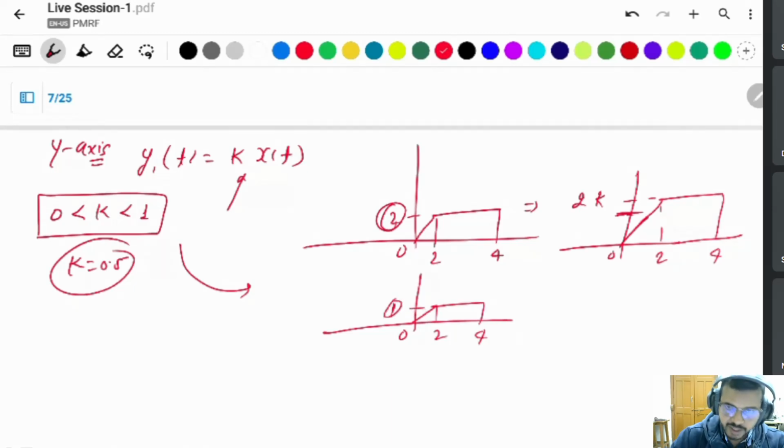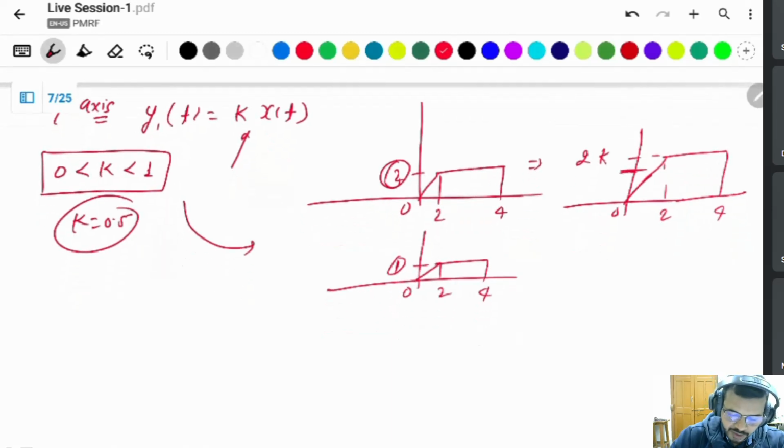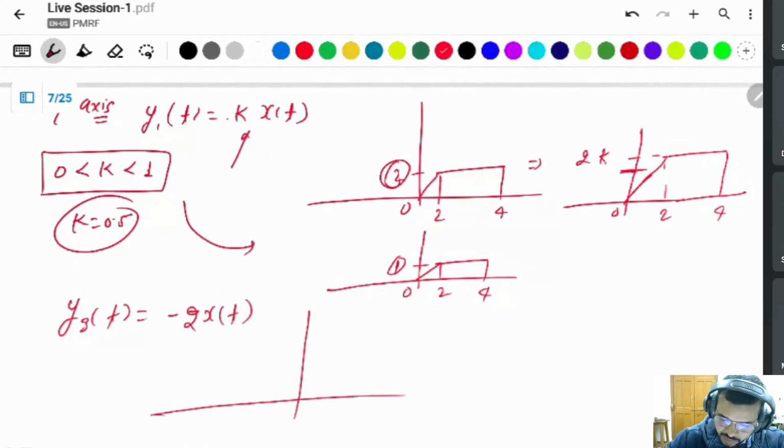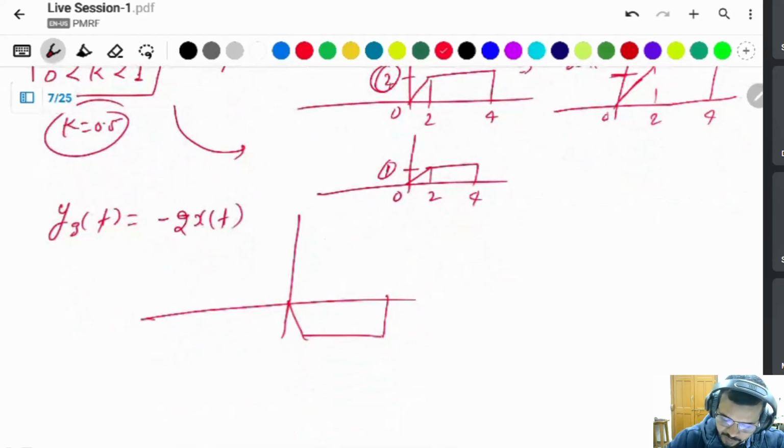Same thing if you multiply by a negative k, then what happens? The same figure will be a mirror image about the x axis, like y3(t) is equal to minus 2x(t). Then this signal becomes shifted to the negative, and multiplied by the gain also. It will be 4, minus 4.